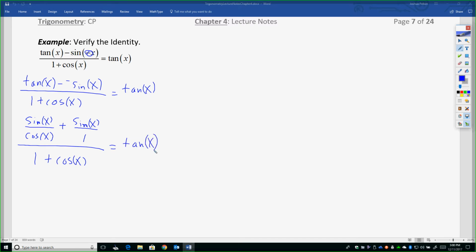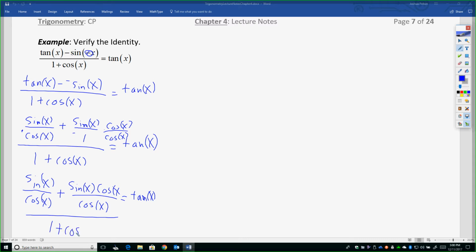Again, the end goal here is to combine these things to get it all the way down to a tangent. I notice the common denominator is cosine. So I'm missing a cosine over here, so I'm going to multiply by cosine over cosine to get the common denominator. That gives me sine of x over cosine plus sine of x cosine of x over cosine, all over 1 plus cosine of x.